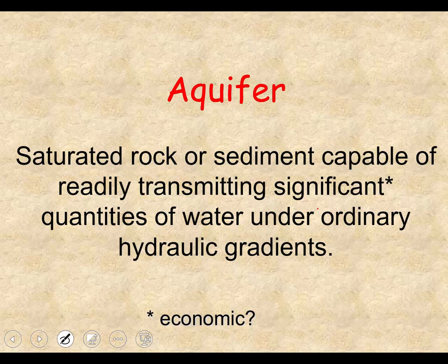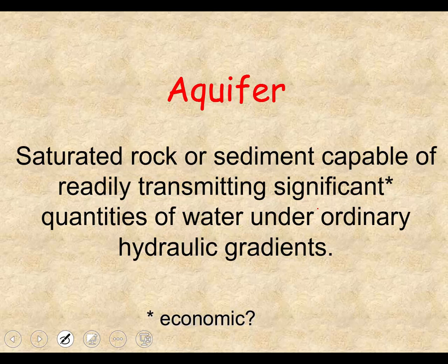Now, how fast is fast? Well, it kind of depends on what the use is. If you're just a little rural cabin, you don't need to get the water out very fast. So you could have, as your aquifer, providing your domestic water, something that's got a relatively low hydraulic conductivity.